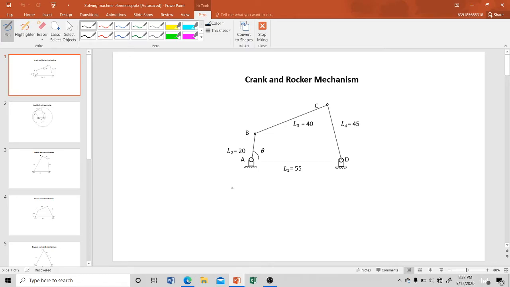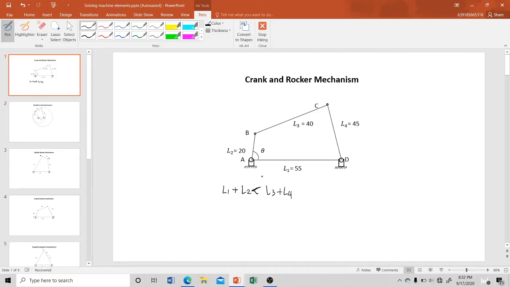Our L1 is the longest length, so L1 plus the shortest length, L2, should be less than the remaining lengths, L3 plus L4.